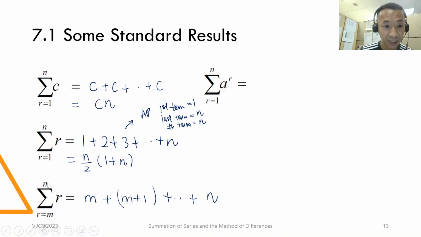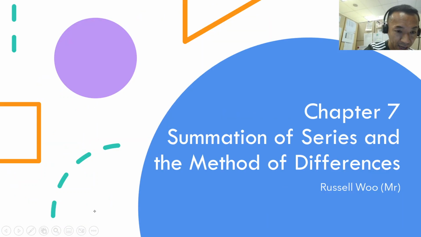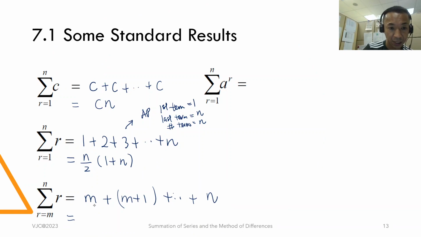The number of terms is n minus m plus 1. Okay, I repeat, number of terms is n minus m plus 1. So actually, it is n minus m plus 1 divided by 2, first term plus last term, m plus n.